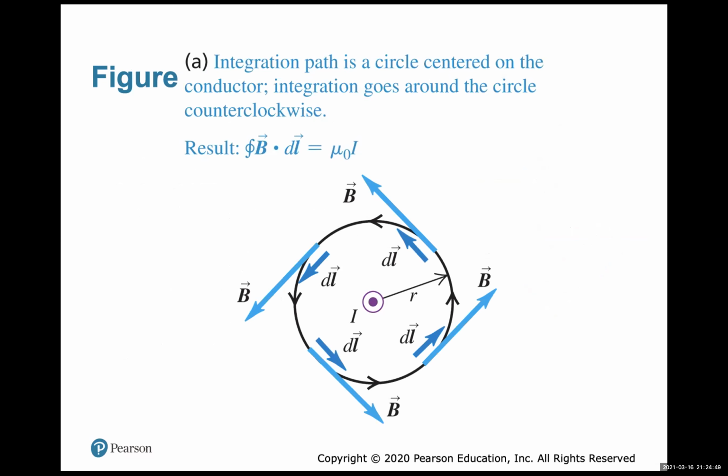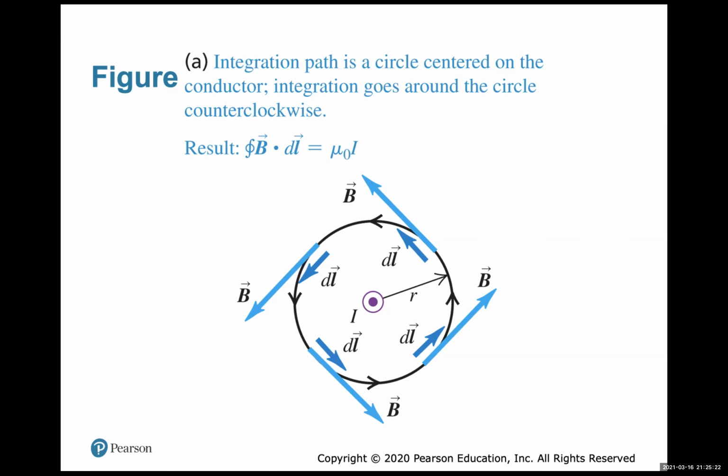What if we walk the other way? What if, so the current comes out of the page at our face. So our thumb points back at our face and our fingers curl, as I'm looking at it, counterclockwise. Now if the integration goes counterclockwise, if the path that we take around the circle is also counterclockwise, then the field and the path are parallel, and it's the situation we just talked about.